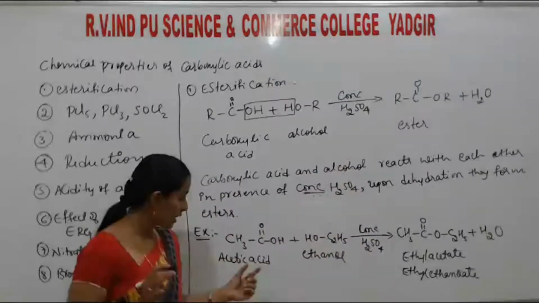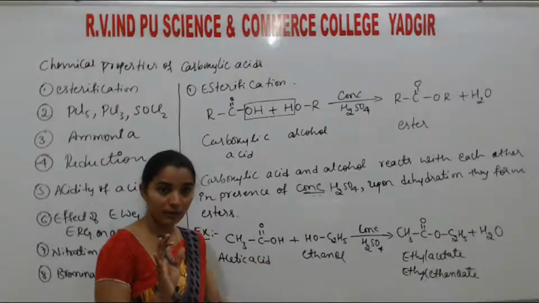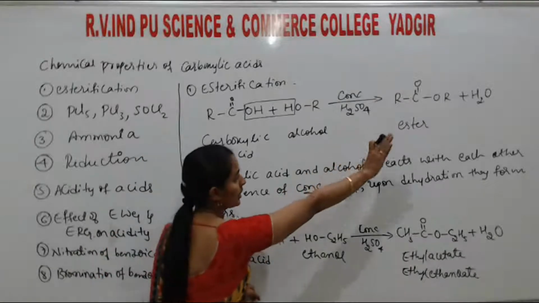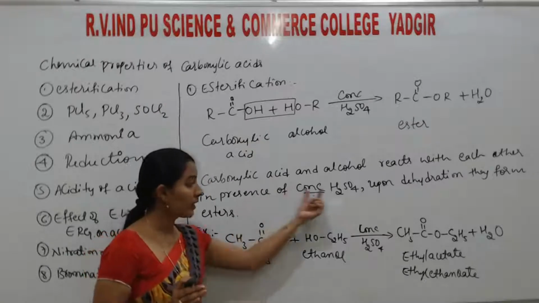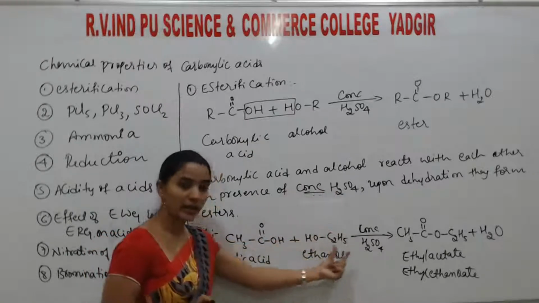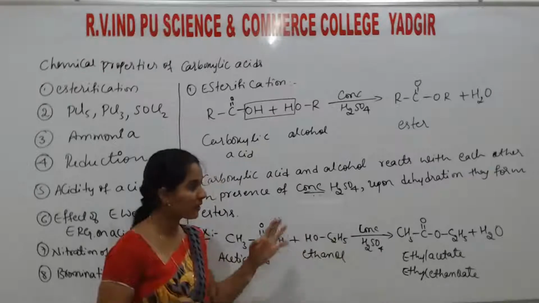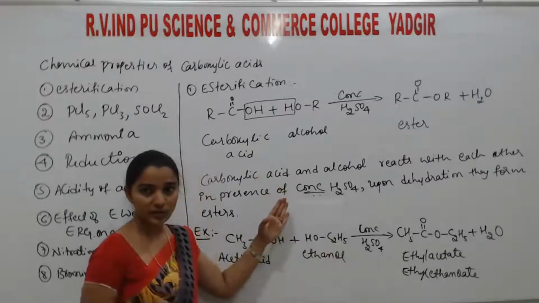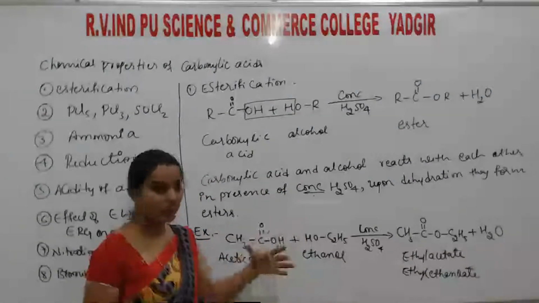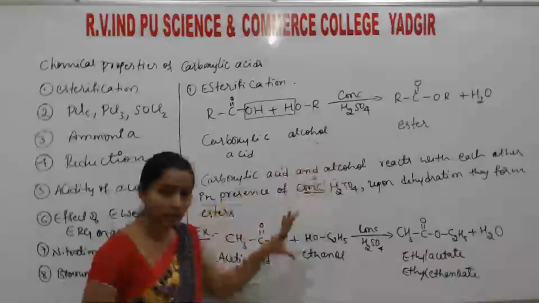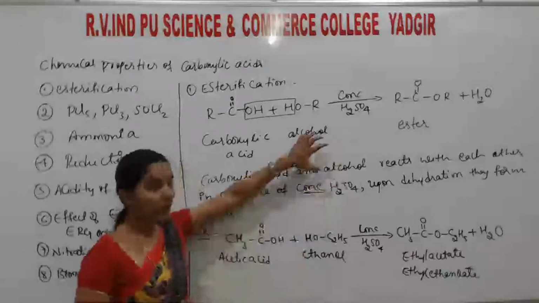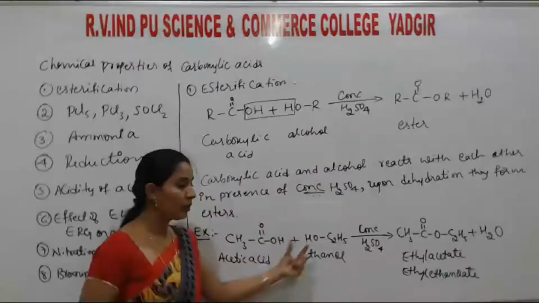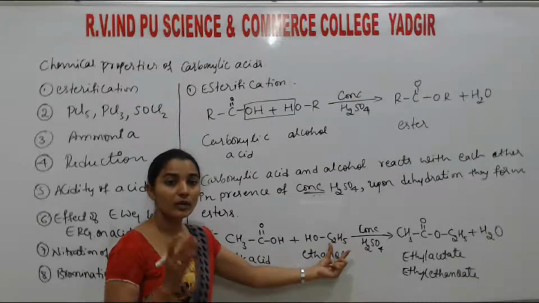Here I'll simply write ester, and this compound is carboxylic acid. By writing this explanation and then the example, you will get complete marks, because they consider this the explanation. With an example means this is the general reaction, explanation and example. Then that is correct. If you write only this without the explanation, you will lose marks.